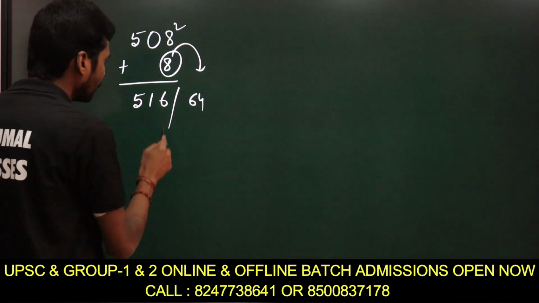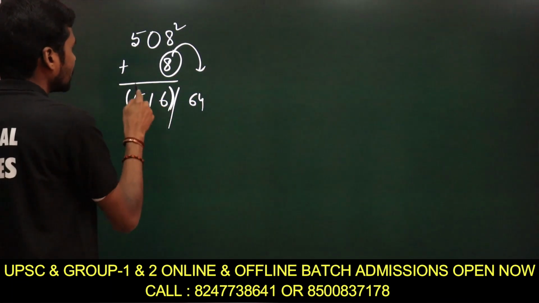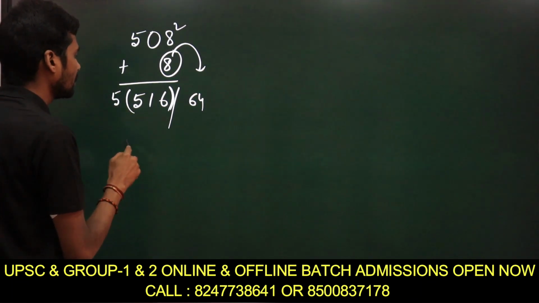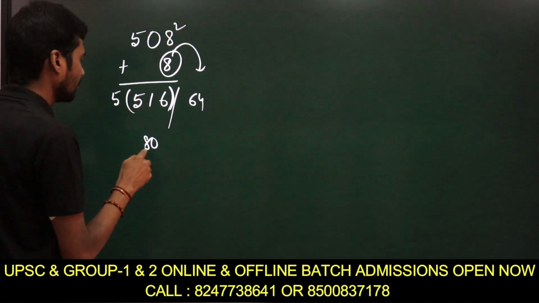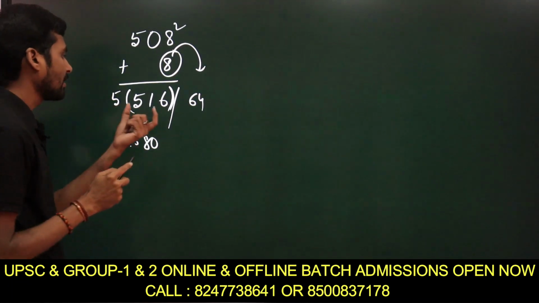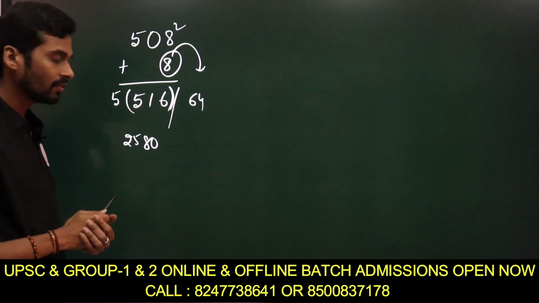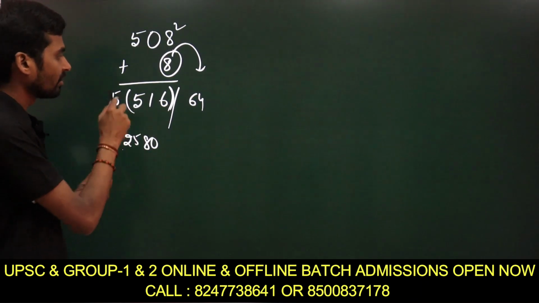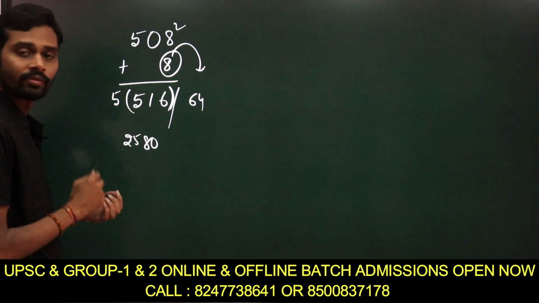Now we multiply the left side part, and the base value I am taking is 5. So 516 into 5: 5 times 16 is 80, 5 times 5 is 25, giving 2580.